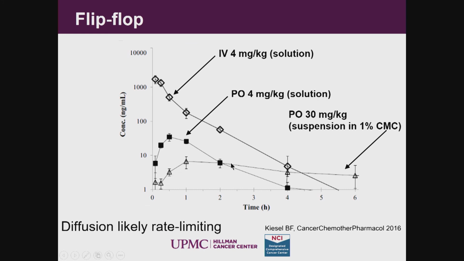And what we see here is characteristic of flip-flop kinetics. And so what has happened here? Well, it turns out that this thickening agent also reduces the diffusion rate. And so in the gut lumen, the drug reaches the membrane at a much slower rate. And so diffusion here is determining this terminal phase. It has become the rate limiting step.